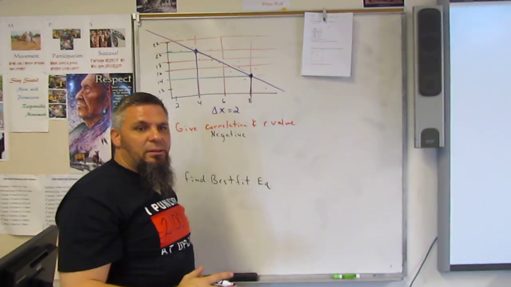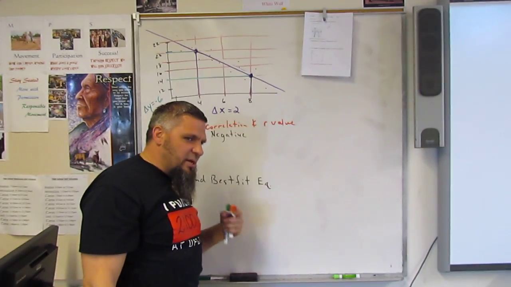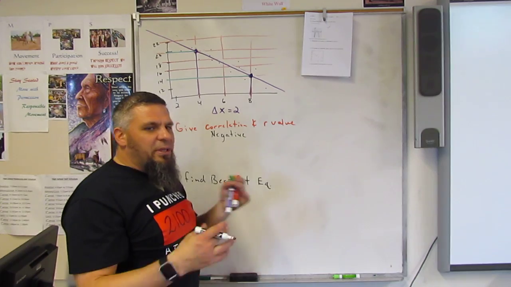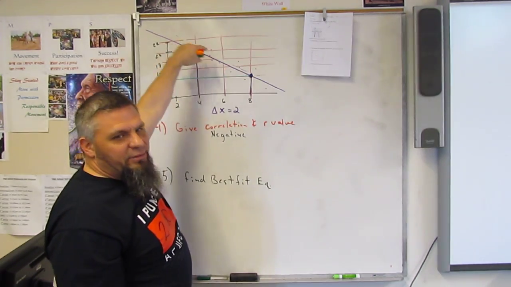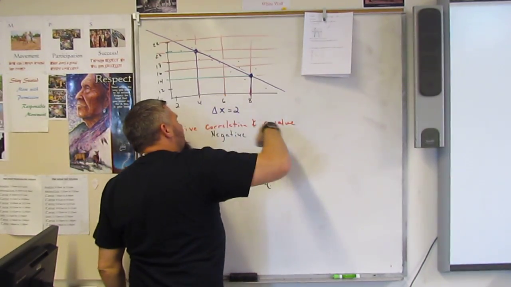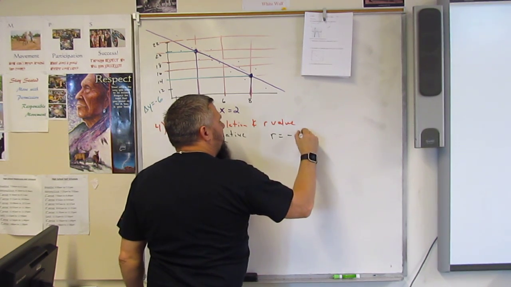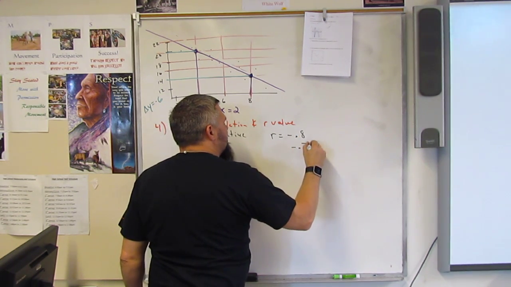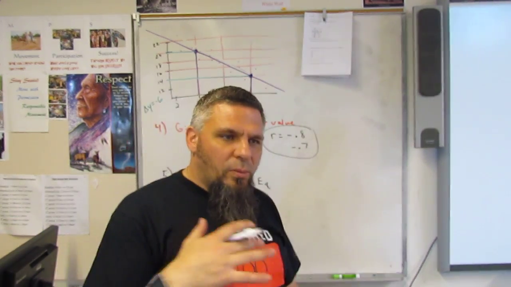So it's not 0, but it's also not 0.9. It's not 1. So it's something between that, and it's a little closer to, I would say, 0.8 or 0.7. But it's negative. So the R is going to equal negative 0.8 or negative 0.7. It's one of those.